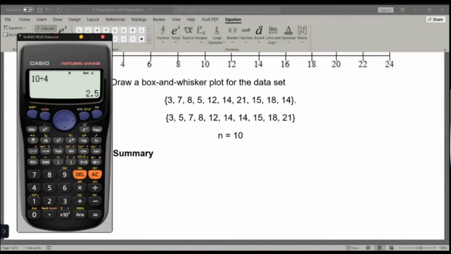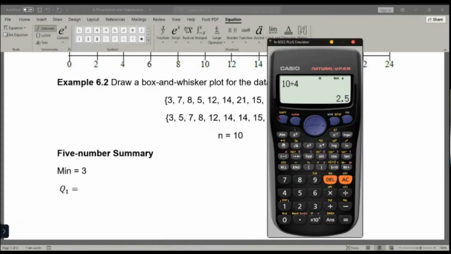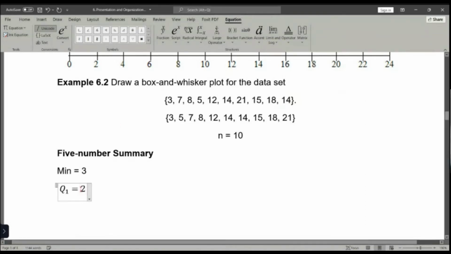The location of the first quartile is n plus 1 over 4, that is 11 over 4. This is 2.75. So the first quartile, lagay natin para di kayo malito, is located at 2.75.